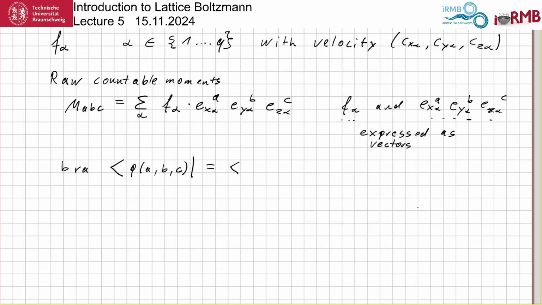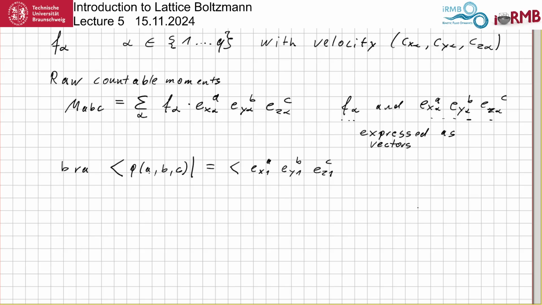The lying and the standing vector. This is a row vector with the components c x 1 to the power of a, c y 1 to the power of b, c z 1 to the power of c.